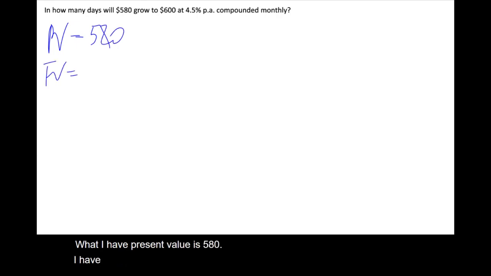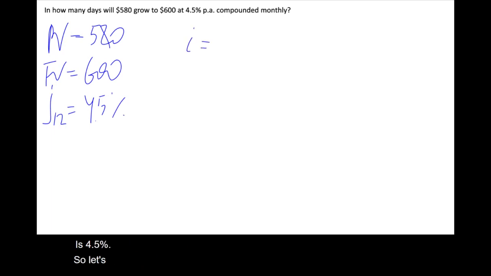Present value is 580. Future value is 600. J12 is 4.5%.